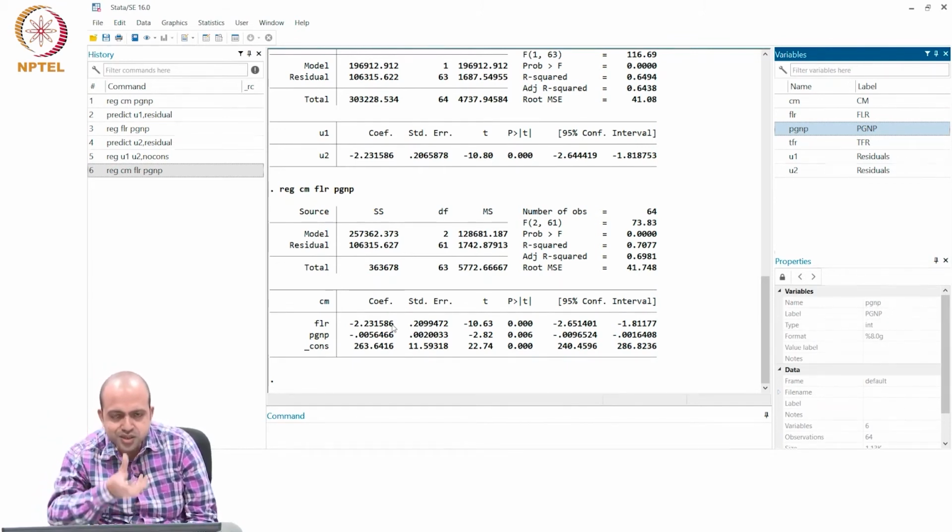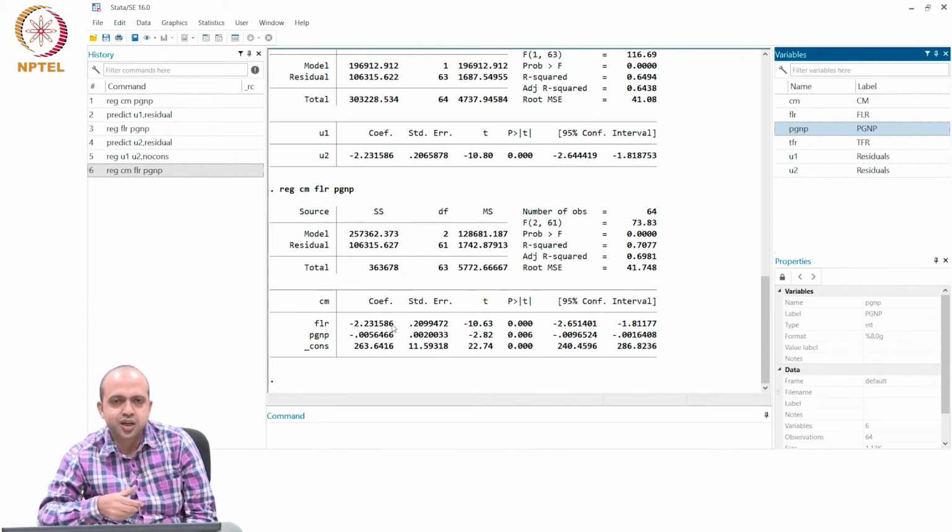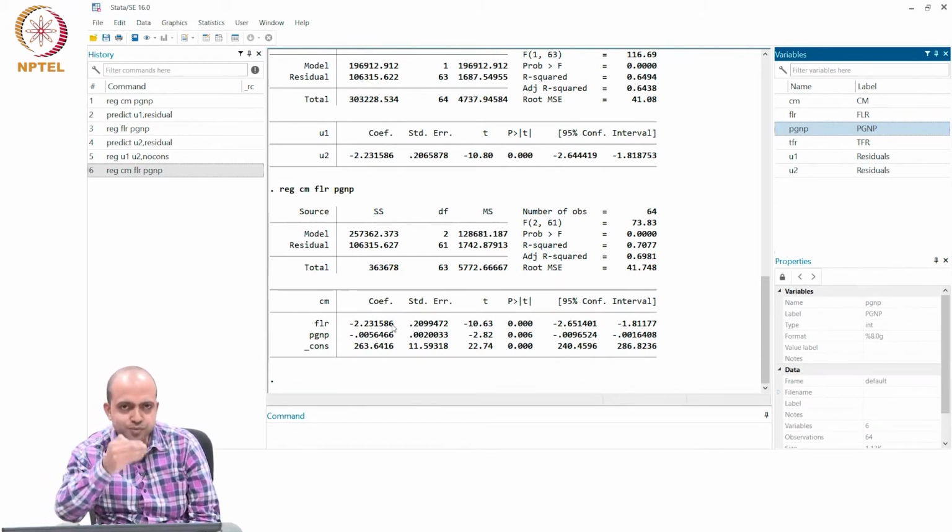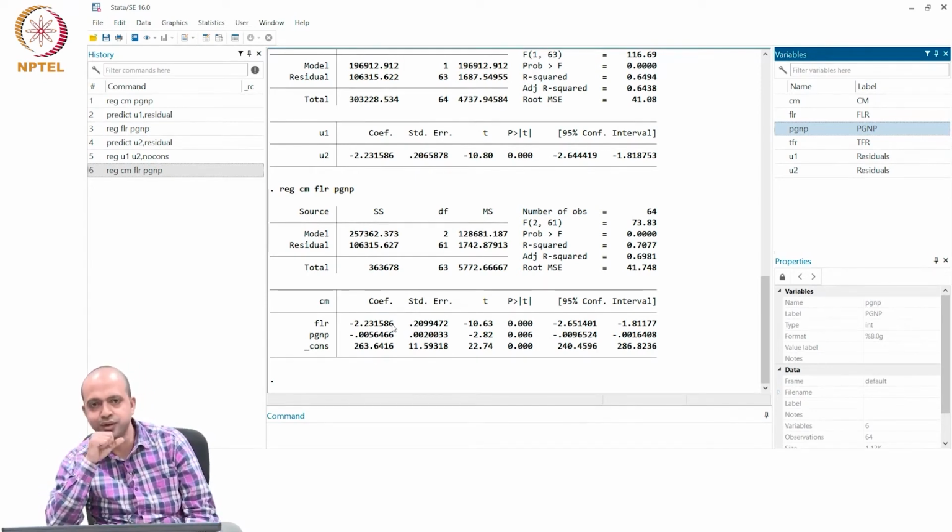So the statistical software STATA is actually doing everything for us. All those steps, step 1, step 2, step 3, that we discussed earlier to keep the other factors constant, STATA is doing that, and it directly supplies us the net impact of each and every variable.